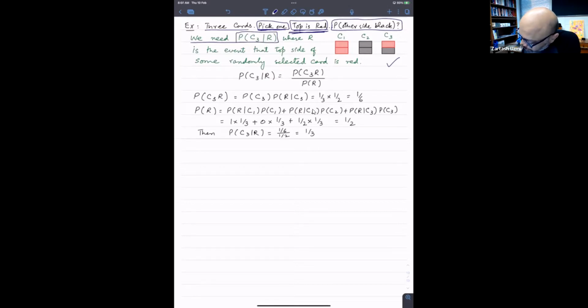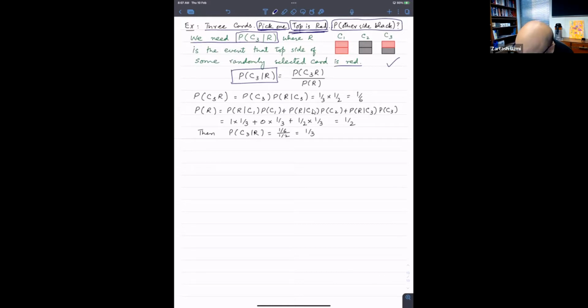card 3, which is one side black and one side red, where R is the event that the top side of some randomly selected card is red. So we require this probability of C3 given R, and R means that whatever card you select, the top side of that card would be red.